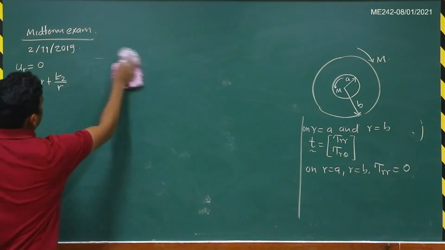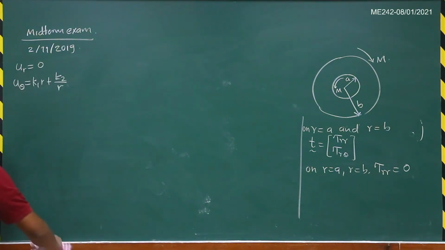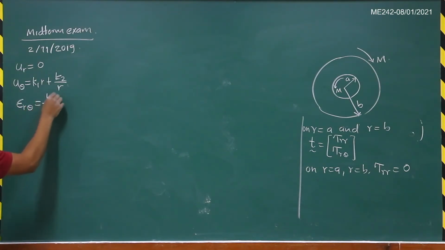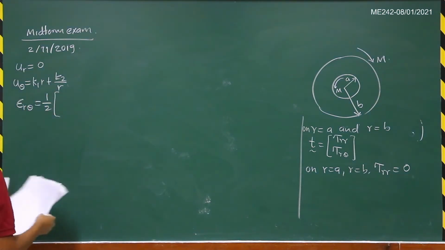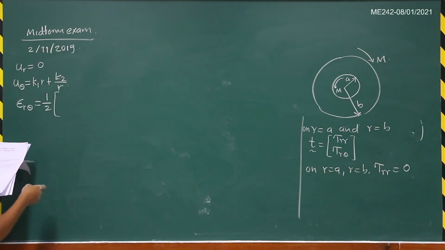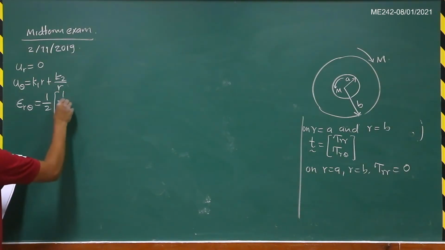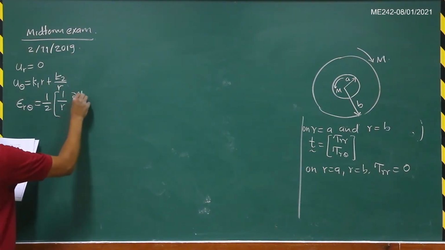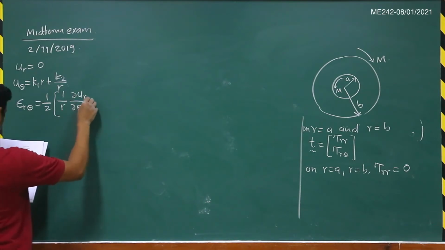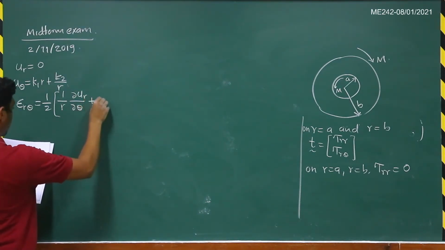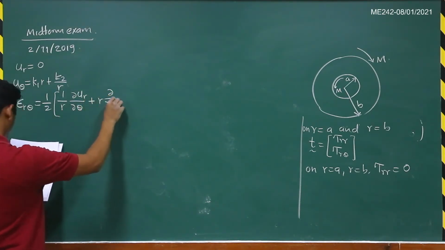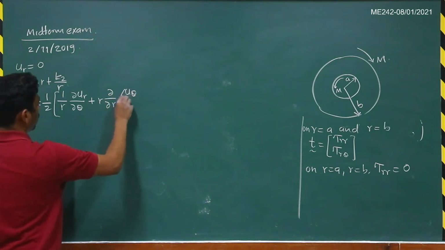First we'll find the expressions for strains. The remaining strain, epsilon_r theta, equals half of (1 over r del u_r by del theta plus r del over del r of u_theta over r).